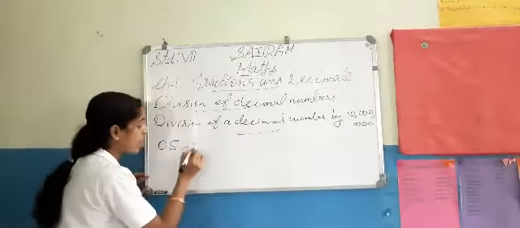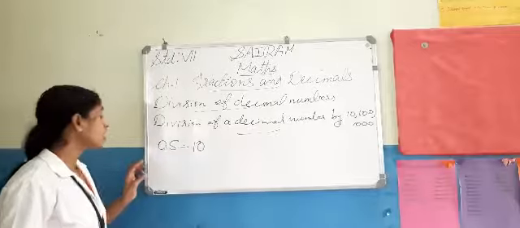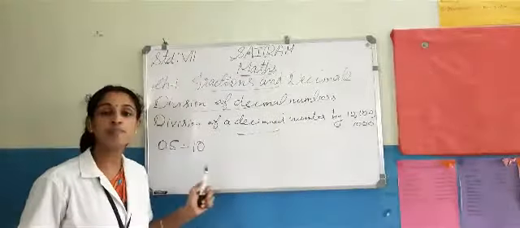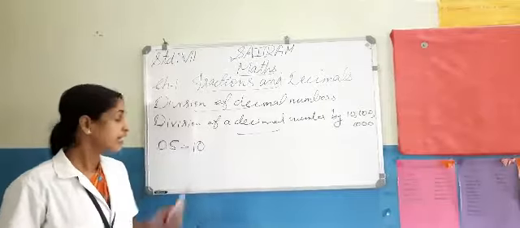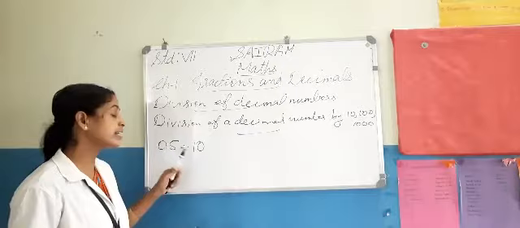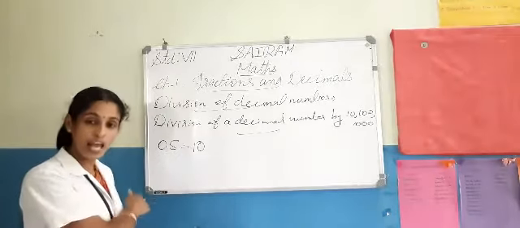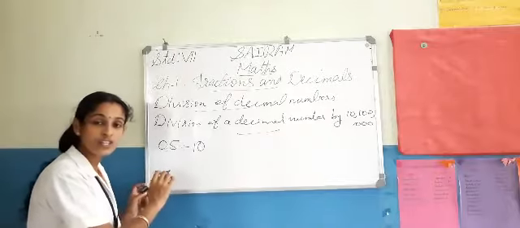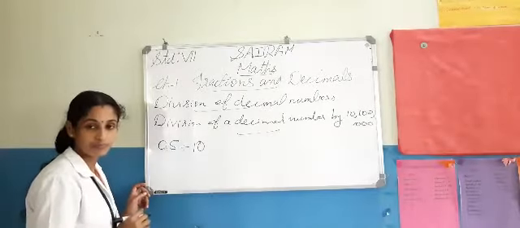0.5 divided by 10. Here we have to check how to divide 0.5 by 10. In this case, we can move the decimal point in the decimal number to the left by as many places as there are zeros over 1.